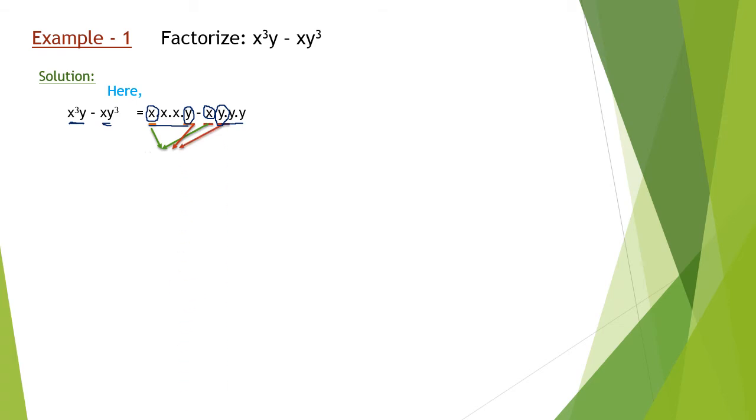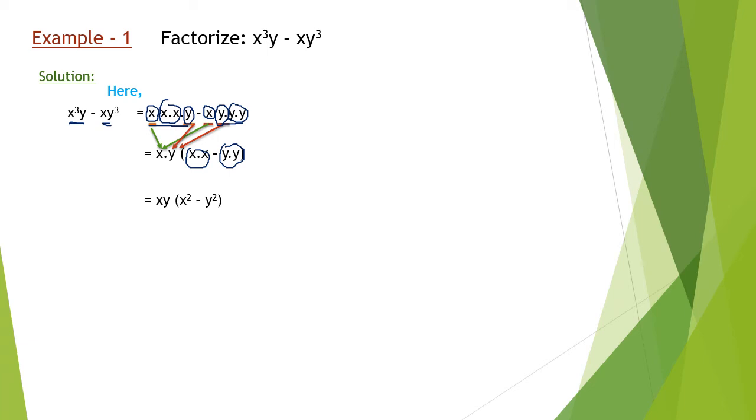Our xy is common, so the common part we have to take out from the other terms, and the remaining terms will be in brackets. So x dot x is remaining, you can see here, and y dot y is remaining. Now xy times x square minus y square.